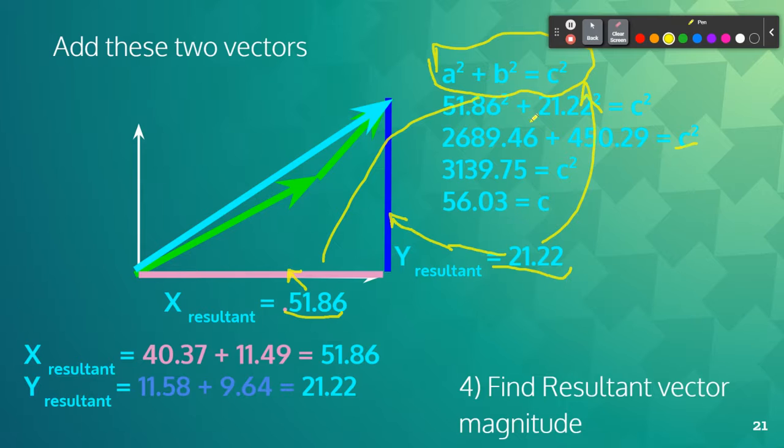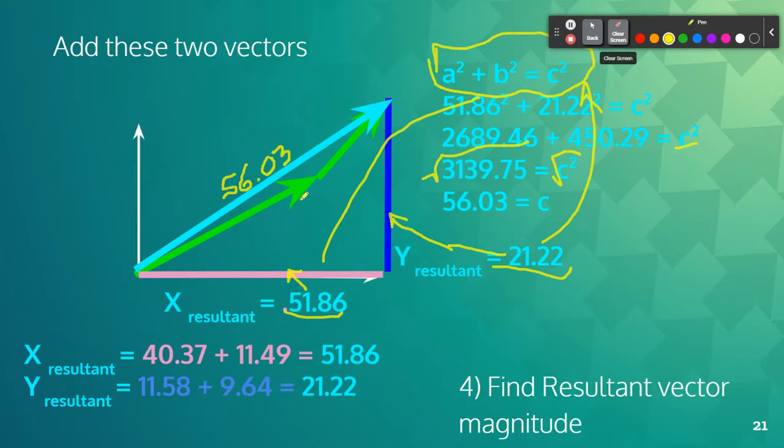And so here I'm doing this. And then once I get 3139.75 is equal to c squared, I'm going to square root both sides. And I get 56.03. And so that is the length of this vector. So now I have the magnitude of my vector.